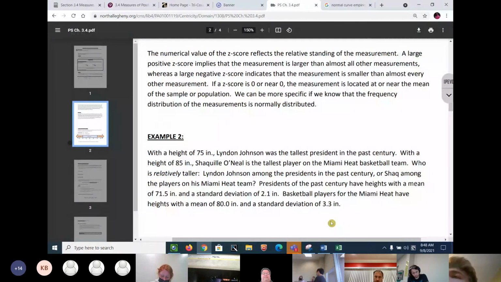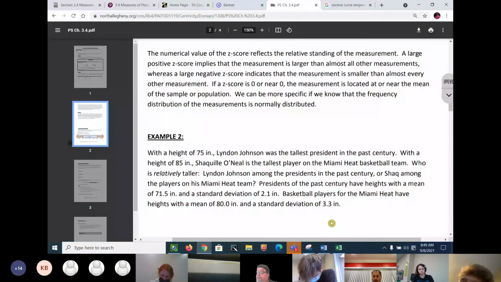With a height of 75 inches, LBJ was the tallest president at that time.